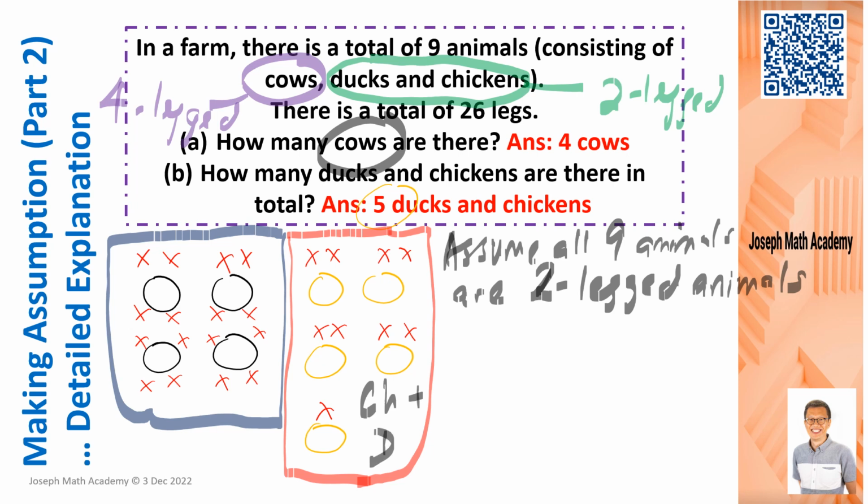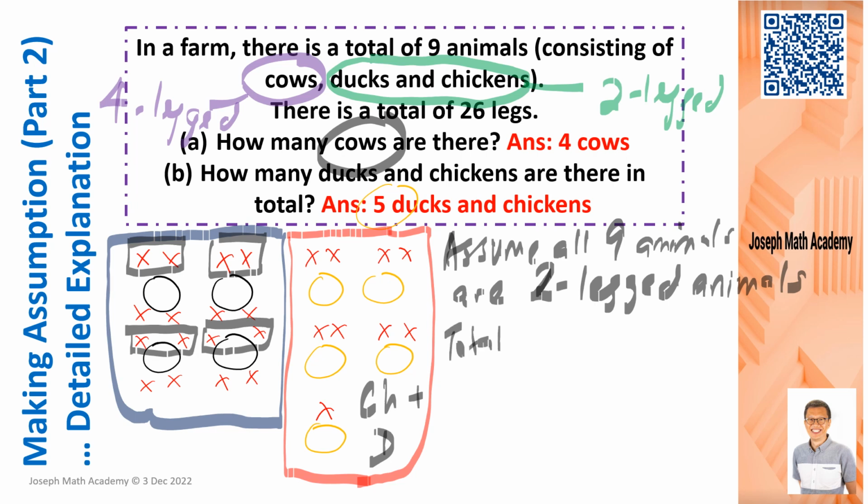Now, all the cows are pretending to be two-legged. That means the cows are hiding two legs each. Let me write down a proper short statement.